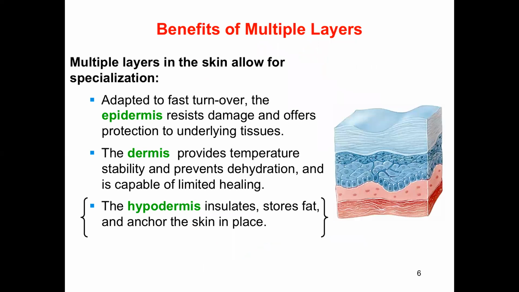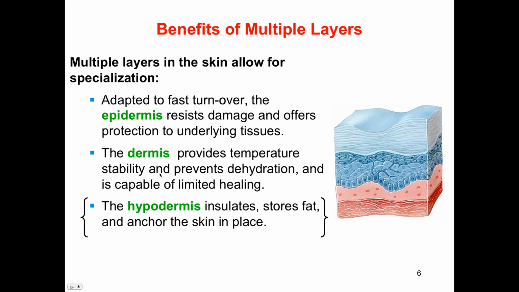So why do we have multiple layers? Well, we'll see as we go through this, but each layer has a function, right? So the epidermis is really important for resisting damage and protection of the underlying tissues. And the dermis is going to do your temperature regulation, preventing dehydration. There's some healing that happens here.